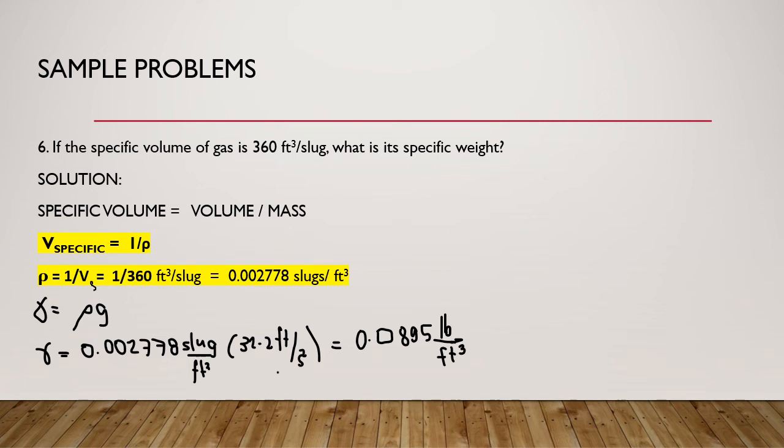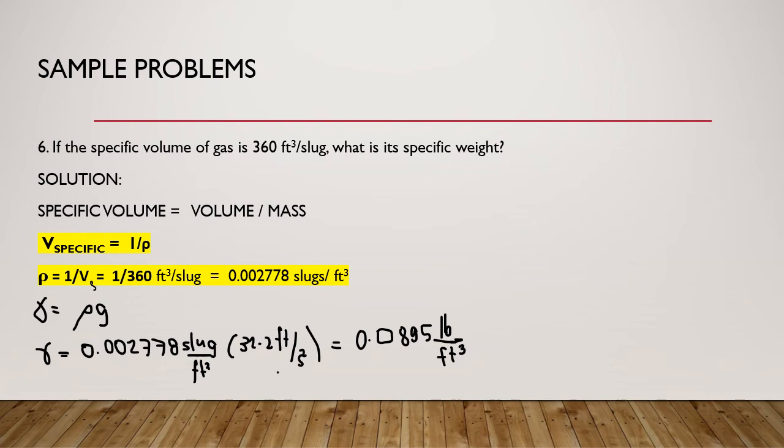Ano nangyari dyan? 1 over x over y, so mangyayari y over x. Ganun din sa unit. So, ang nangyari sa unit natin, slugs per cubic foot. Therefore, yun na po tayo. No?